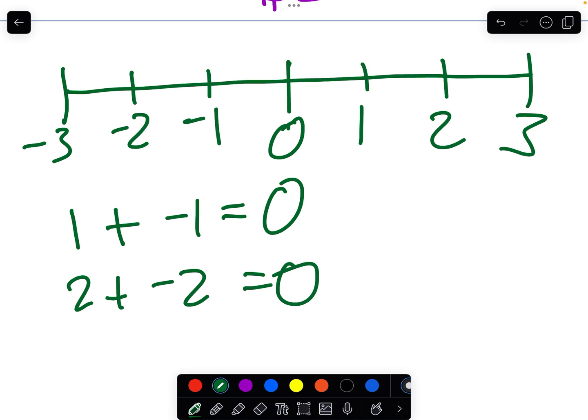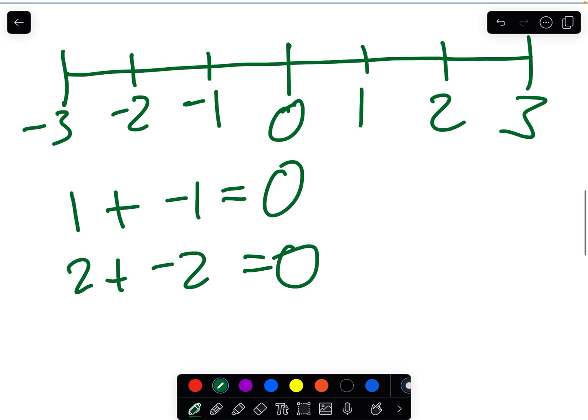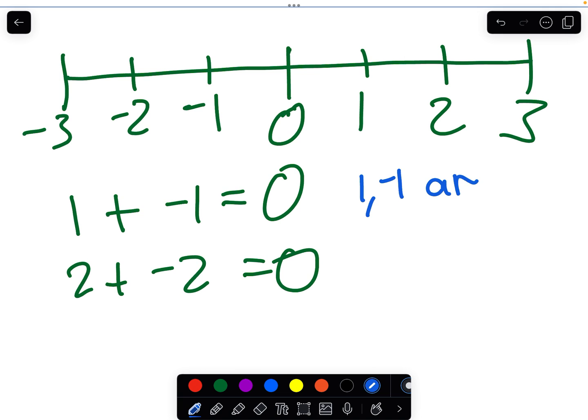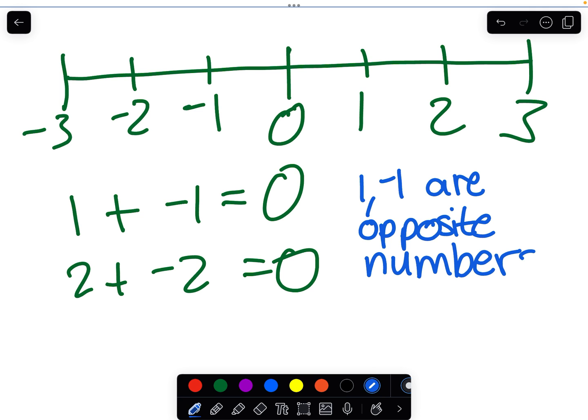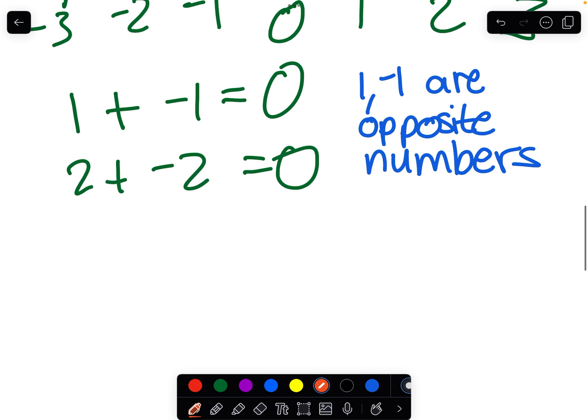So you might notice a pattern here. 1 plus negative 1 equals 0. 2 plus negative 2 equals 0. And what you're actually seeing is that 1 and negative 1 are called opposite numbers. 2 and negative 2 are opposite numbers. 3 and negative 3 are opposite numbers. Opposite numbers added together equal 0.